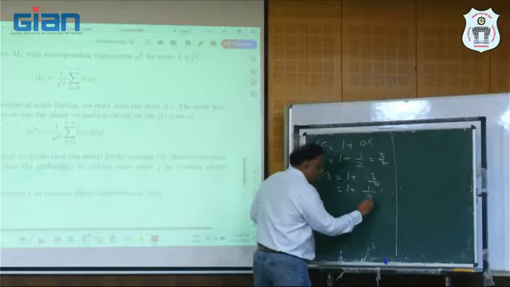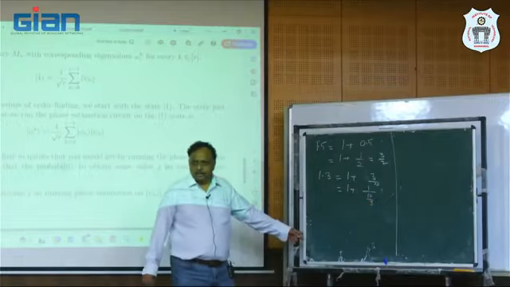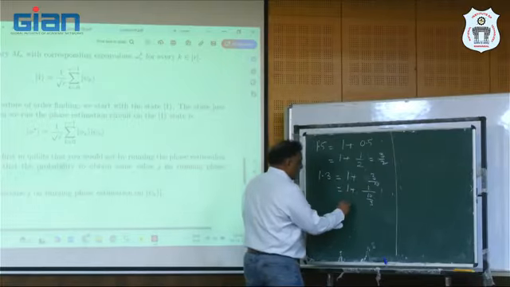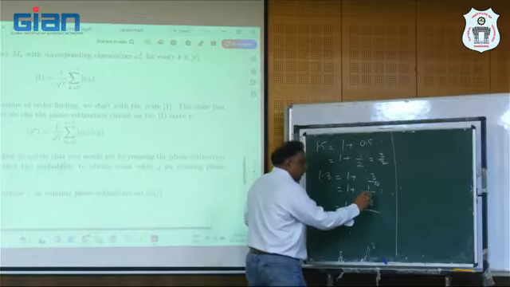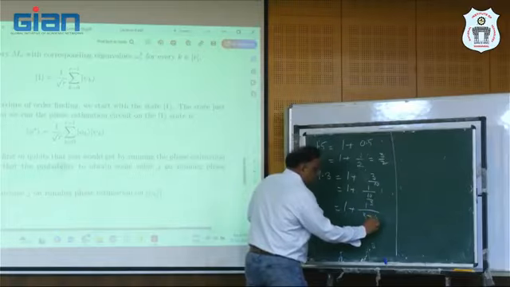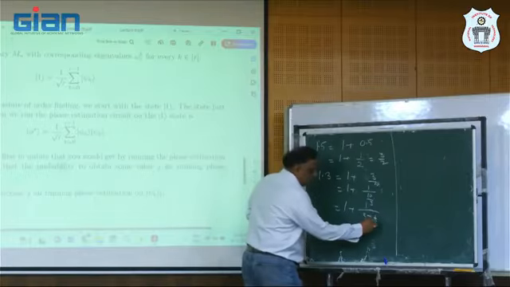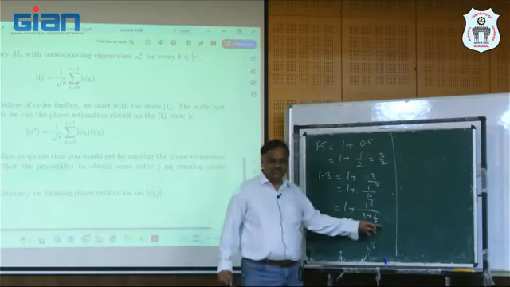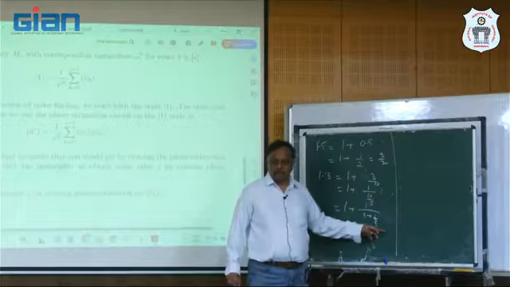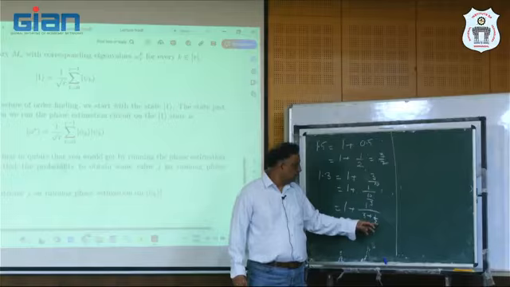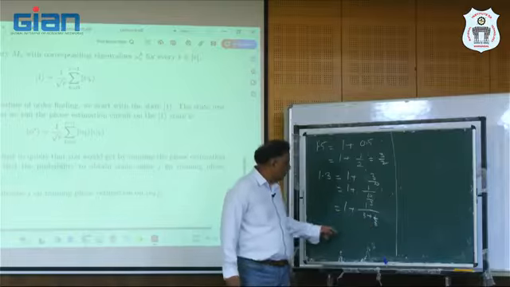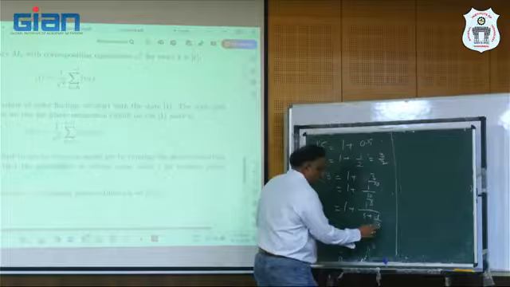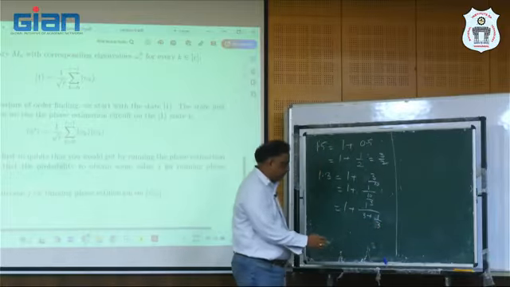So we write it as 10 over 3. Now this is 1 plus 1 over, how much is it? 3 plus 1 over 3. Agreed? Now I don't have to continue, because 1 over 3 has no fractional part.